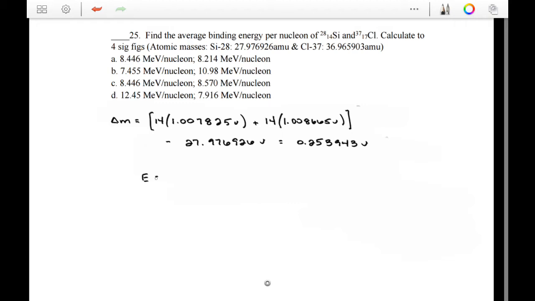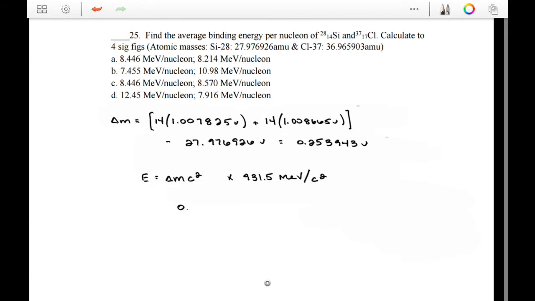And then once we have the mass defect, we can go ahead and plug it into E equals mc squared. And then we'll multiply our answer by 931.5 MeV over c squared. And this will essentially convert our answer to mega electron volts.